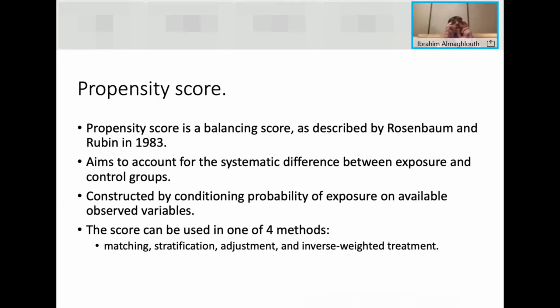And this will reflect the probability of the individual in this cohort, in this large population, whether they are in the group who received the treatment or the control group who did not, of receiving the treatment.